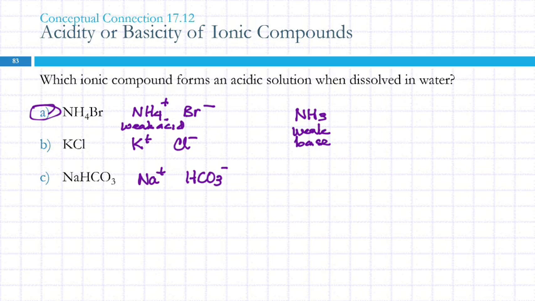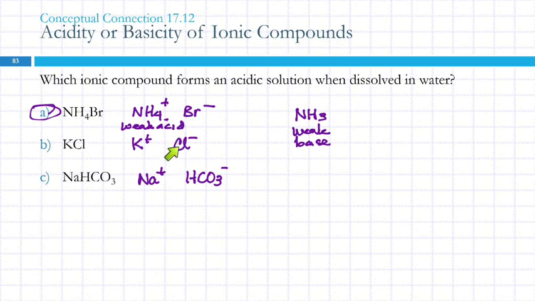Yeah. So wouldn't it be that Cl minus and Br minus make HCl and HBr? Yes, they would. This would be from HBr, strong acid, so this isn't going to act as a base.